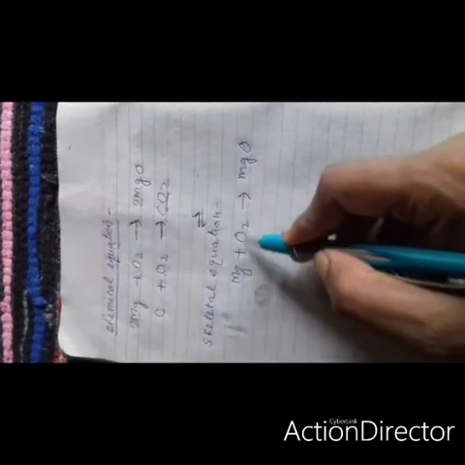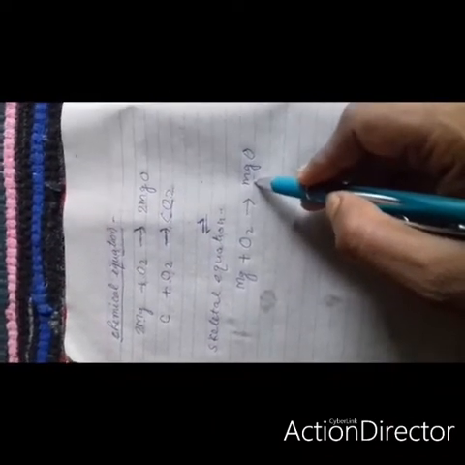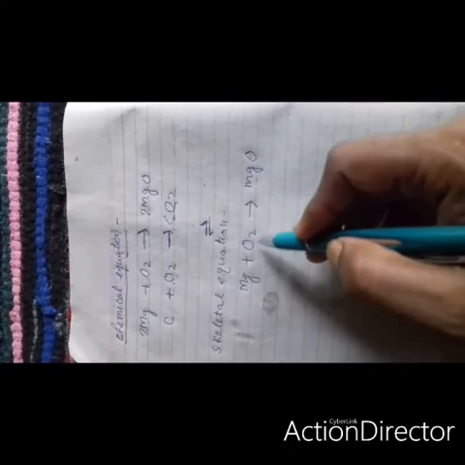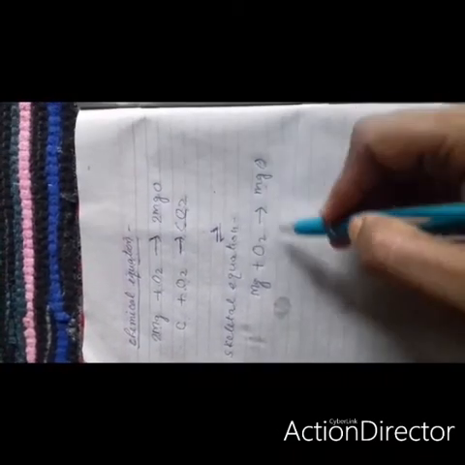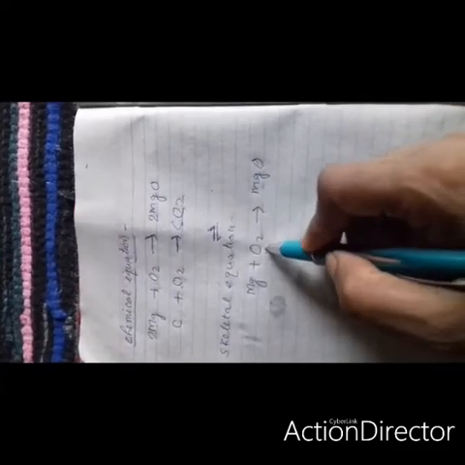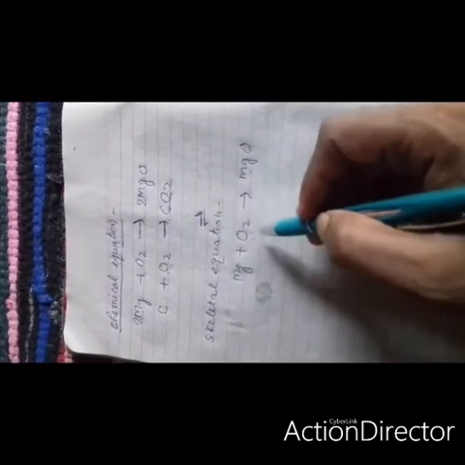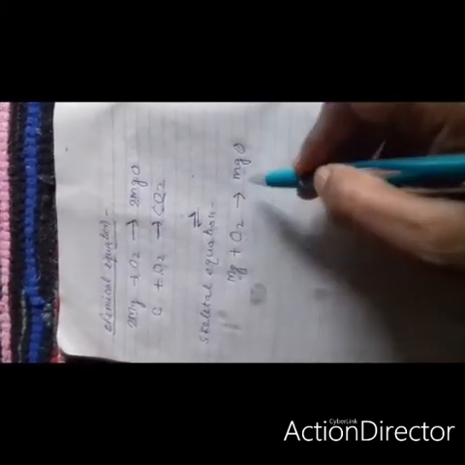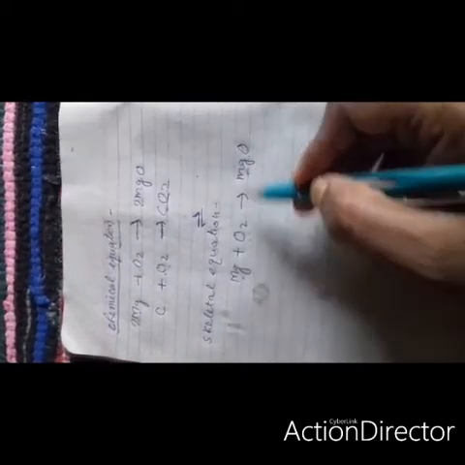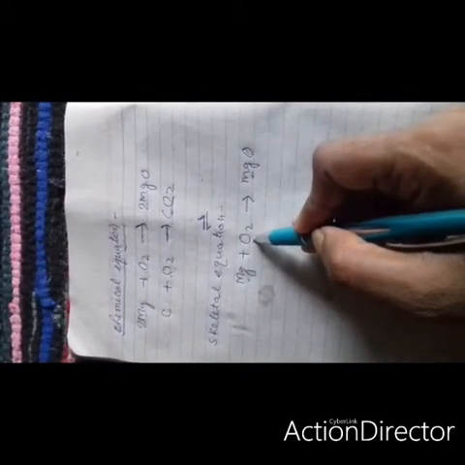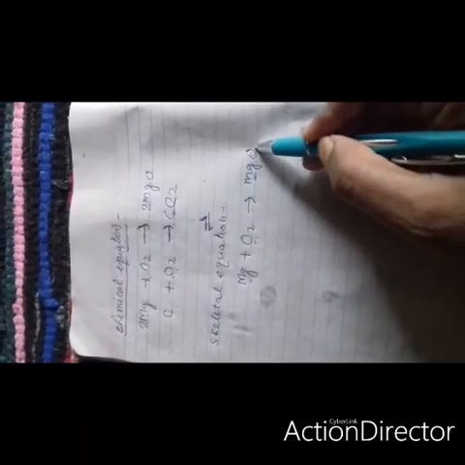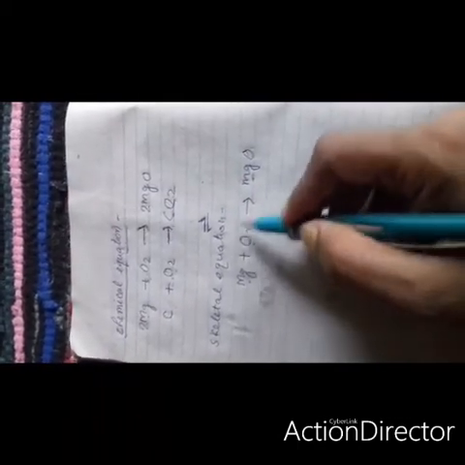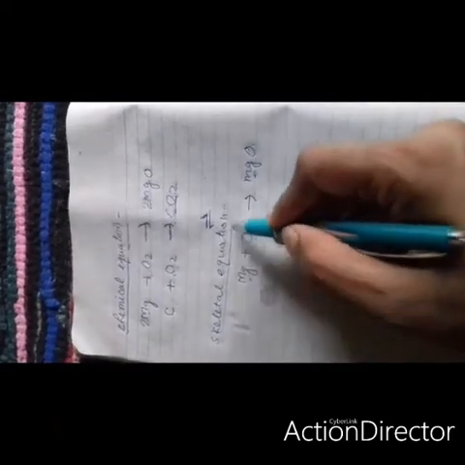This chemical equation is called the skeletal equation because the number of atoms on the left side and right side are not equal. Here 1 magnesium, right side also 1, but on the left side there are 2 atoms of oxygen and on the right side only 1. This is called the skeletal equation.